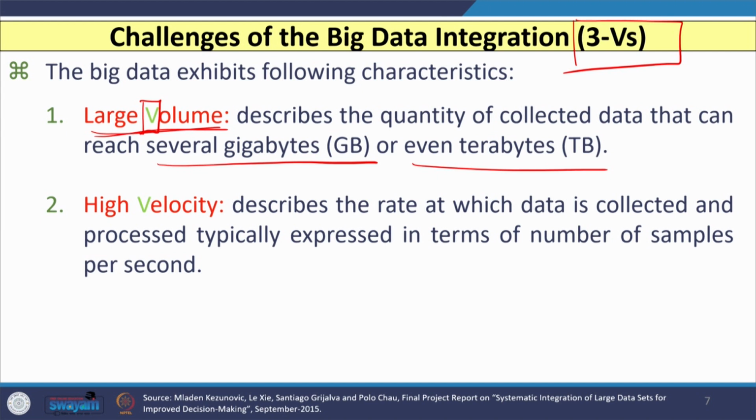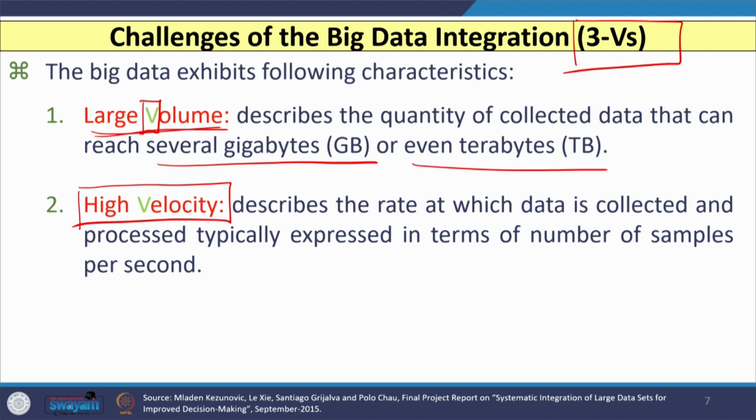The second V comes from the velocity of the data, that is high velocity, and this is basically related to the data collection and processing of those data expressed in terms of samples per second.